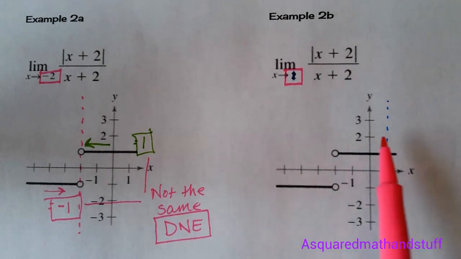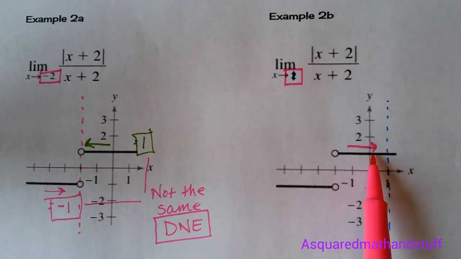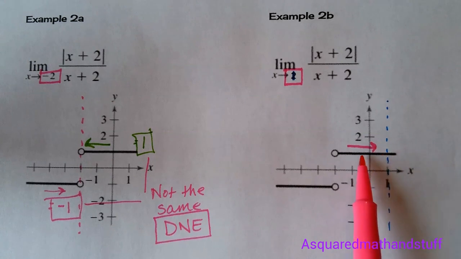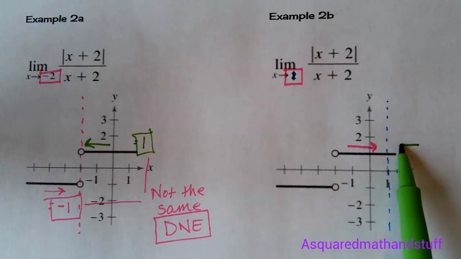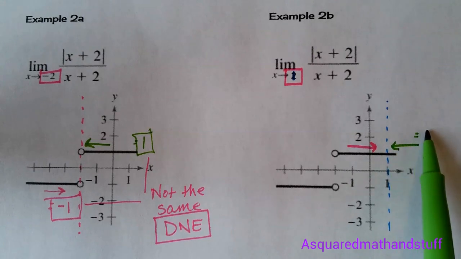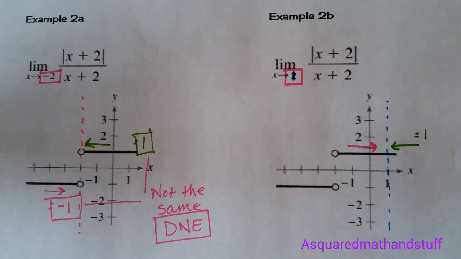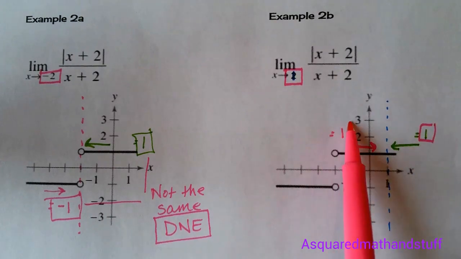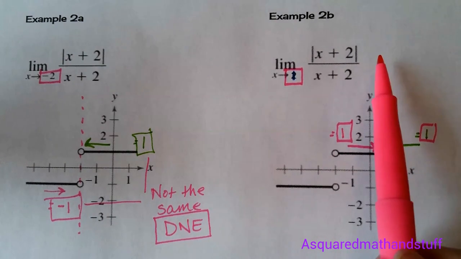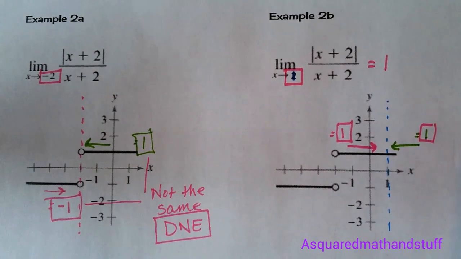Come in from the left. My graph is consistently on a y value of 1. Coming in from the right, my y again is 1. So because we have equal numbers on the left and the right side, we do have a limit, and that limit is 1.